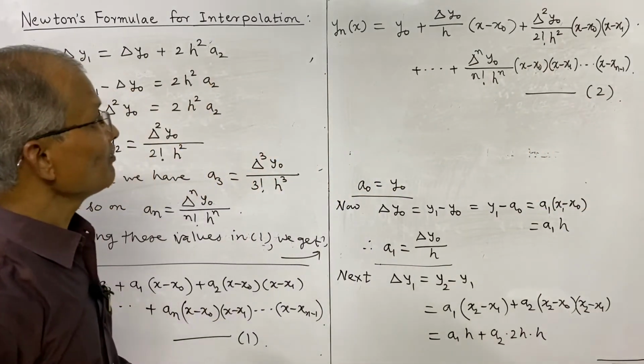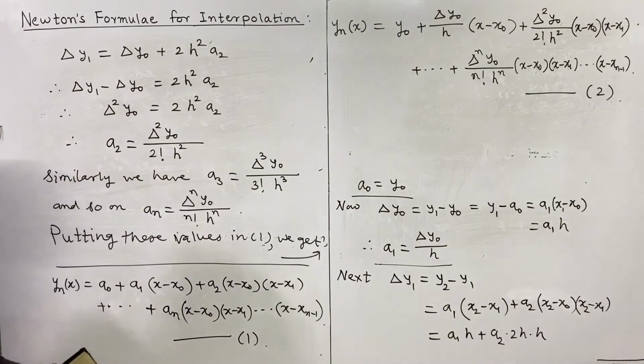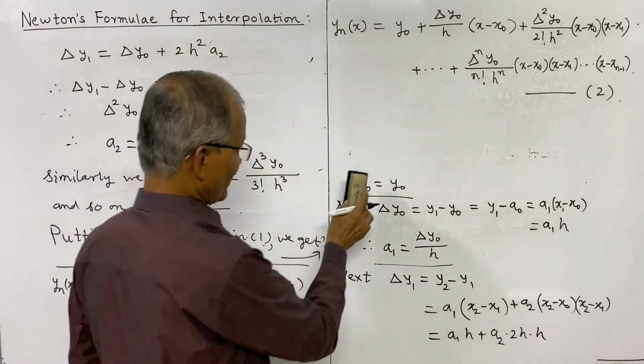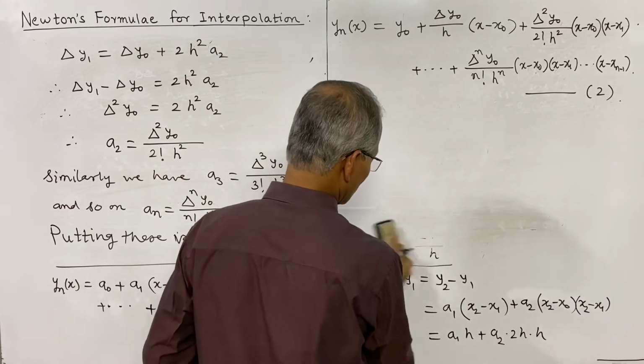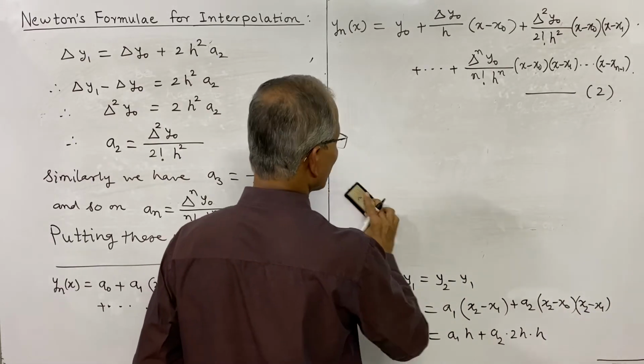Now what we will put is x is equal to x naught plus nh, or instead of n we consider p.